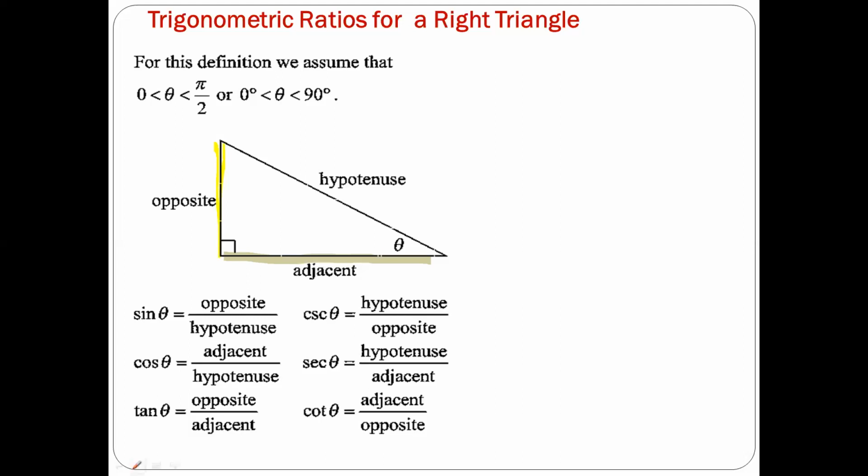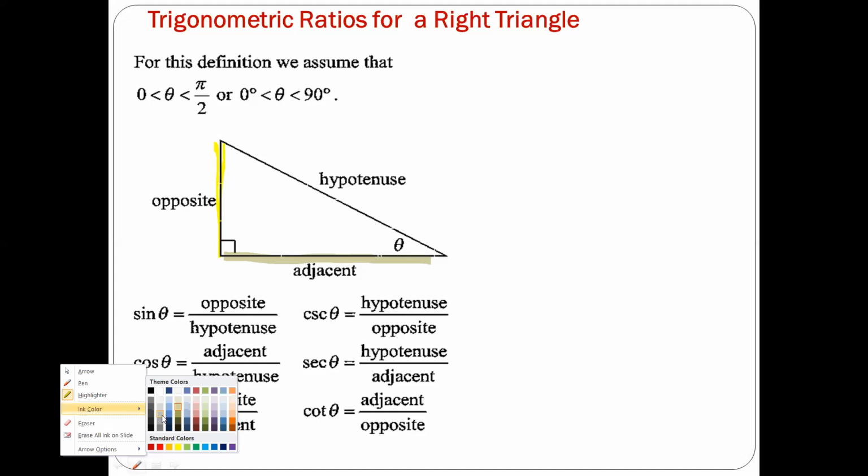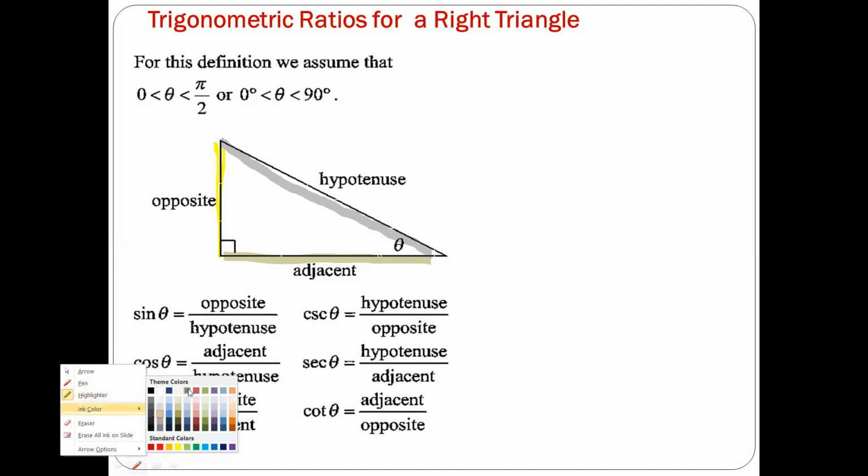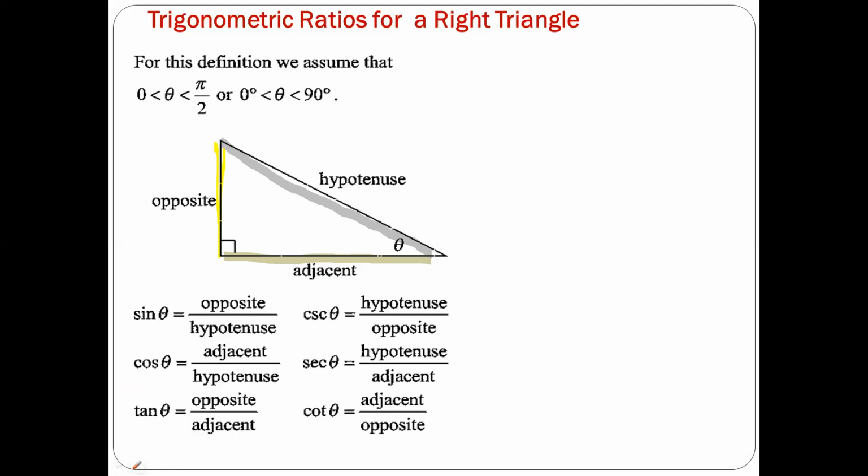So we will name this side as the hypotenuse. I will repeat. If you have this angle theta, the opposite side we call opposite, the nearest one adjacent, and the longest side in the triangle, we call it hypotenuse.